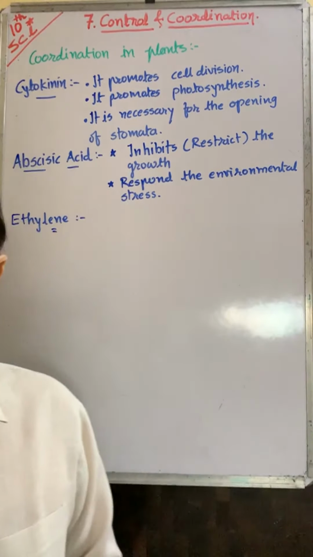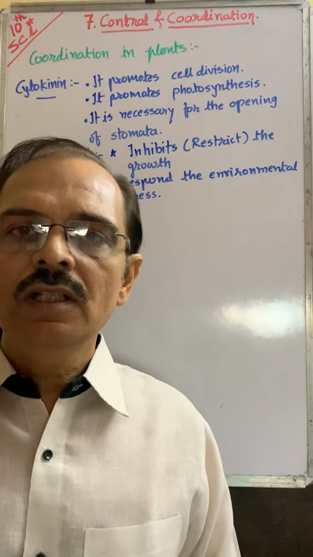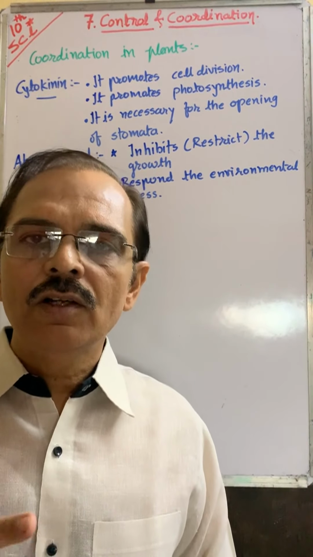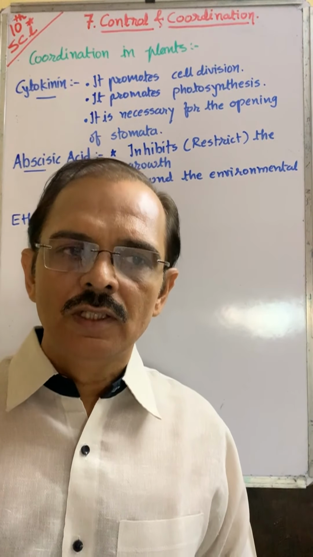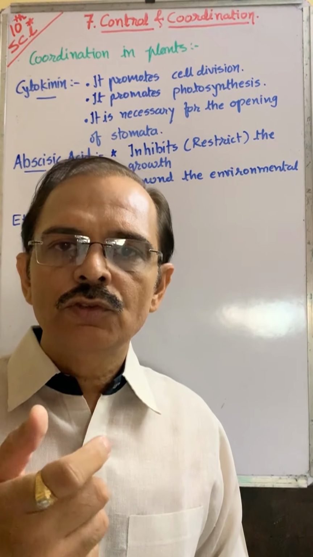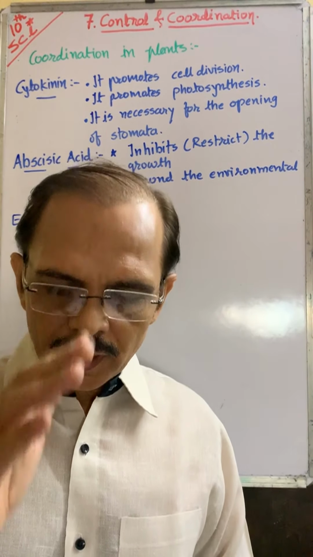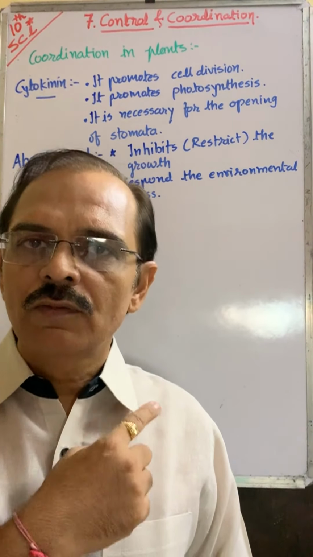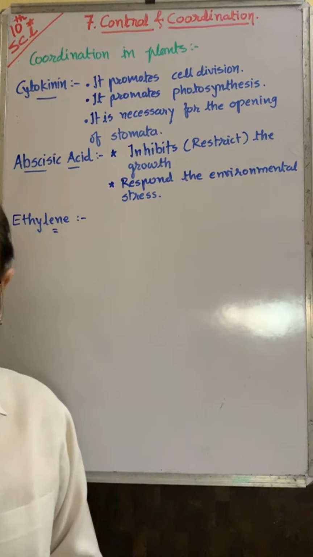Okay, so here we discuss about natural ethylene hormone in plant. It is necessary for ripening of fruit. It is necessary for shedding of leaves. When leaves convert into yellow color from green, then they shed off naturally from the plant, and this is because of what? Ethylene.